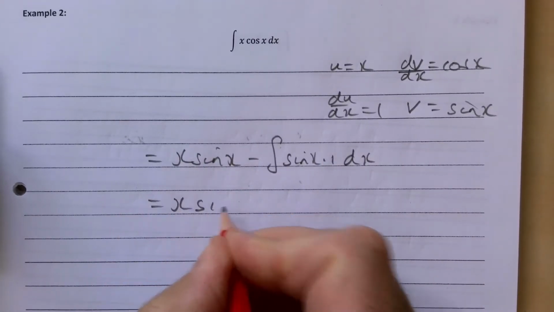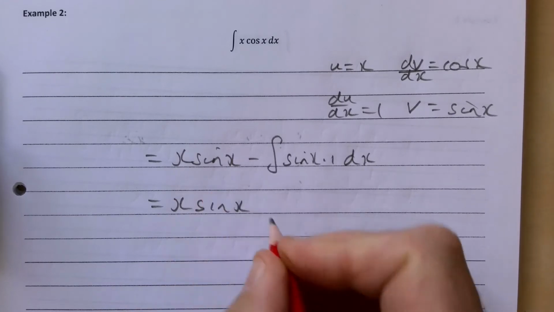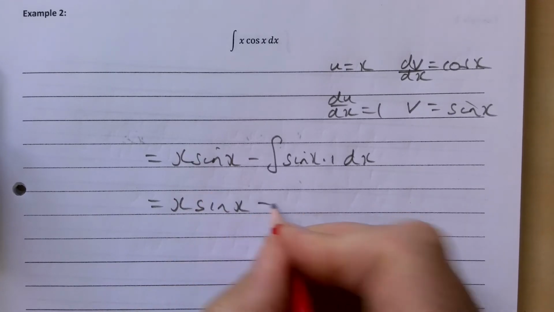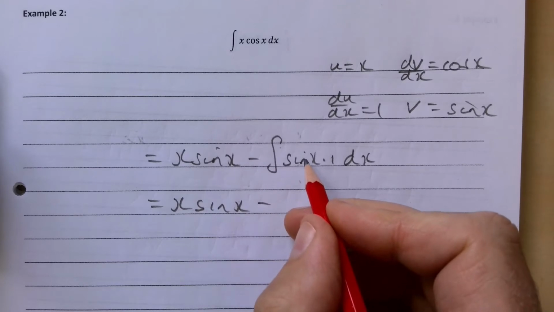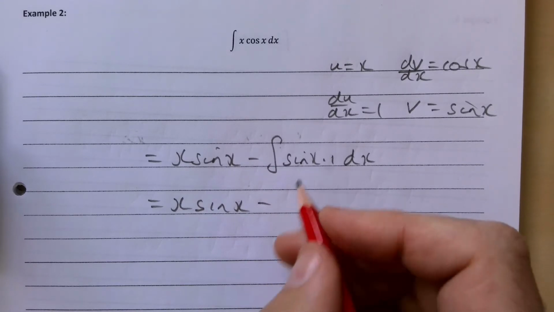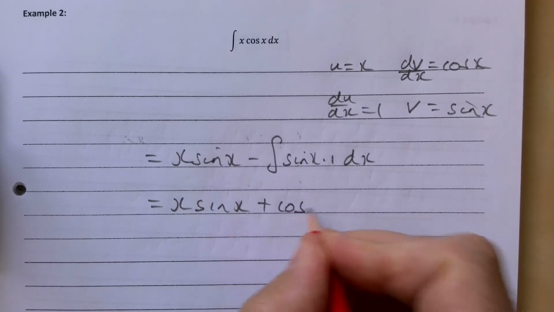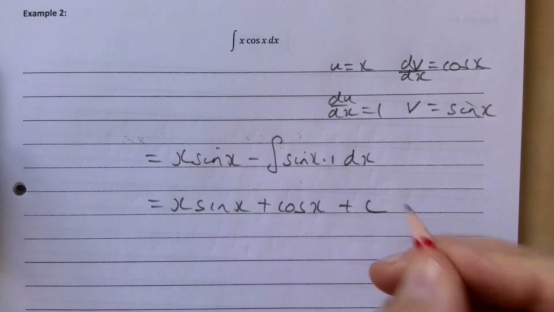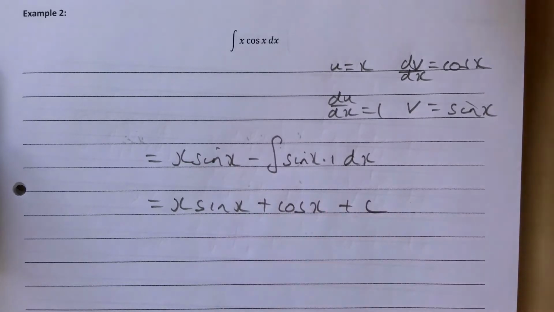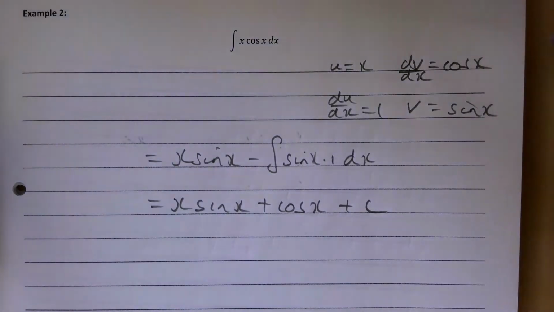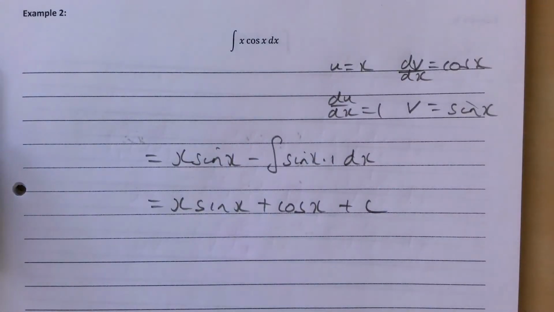That gives us x sine x, and then take away, if you integrate sine you're going to get minus cos, so it's a minus cos plus cos x plus c. And of course that gives us a more straightforward one to work out.